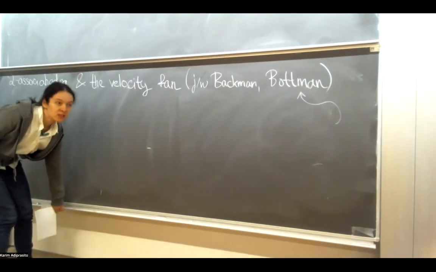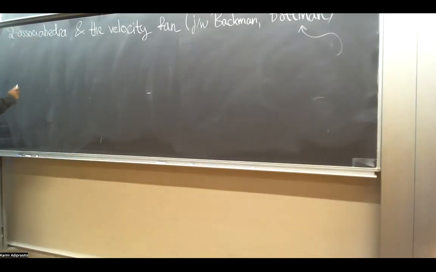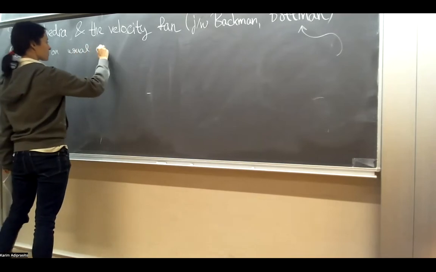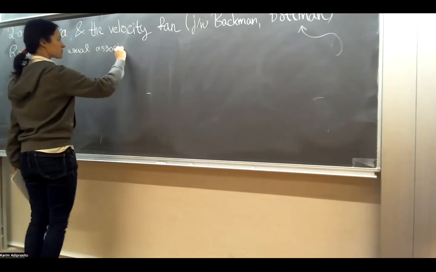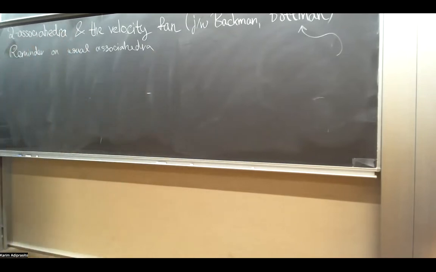Okay, so let me begin with a little reminder on the usual associahedron. So usual associahedra are, as it follows from their names, the polytopes which you need for dealing with associativity.